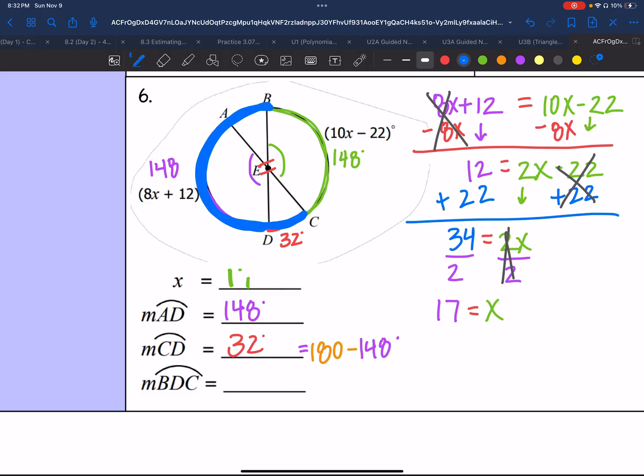So if I put the blue arc and the green arc together, remember all circles have to equal 360 degrees. So if I take away the green portion of that circle, that leaves me with the blue portion, which is what I'm looking for. So 360 minus 148 is going to give me 212 degrees.